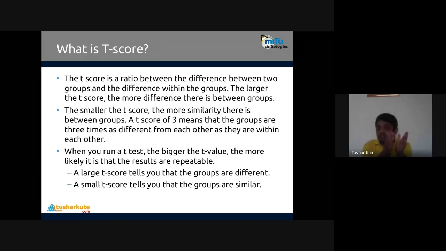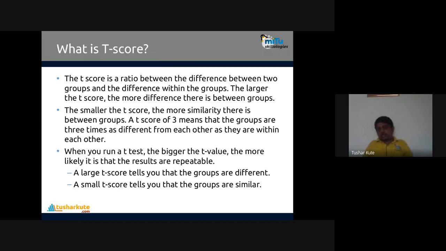In the t-test there is a score ratio we call the t-score. What is the t-score? The t-score is the ratio between the difference between two groups and the difference within the groups, like inter-cluster and intra-cluster.